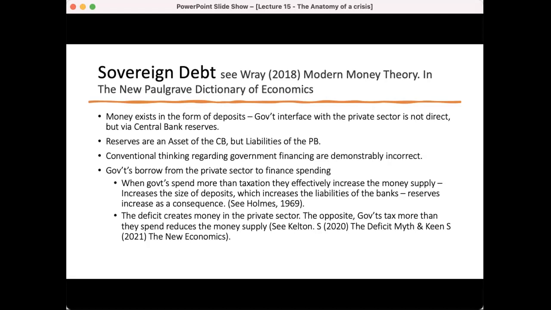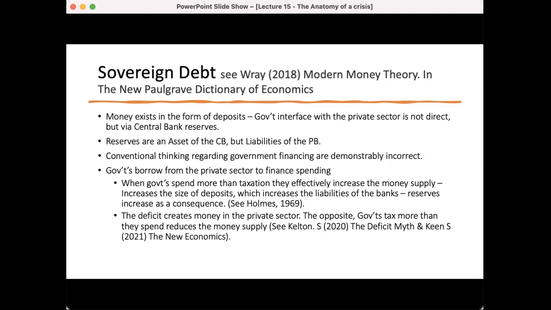So when governments spend more than taxation, they're effectively increasing the money supply because it increases the size of deposits. Governments spend money in the processes that I've outlined before. Banks increase the accounts of the various recipients of the government spending, and the central bank increases the reserves.